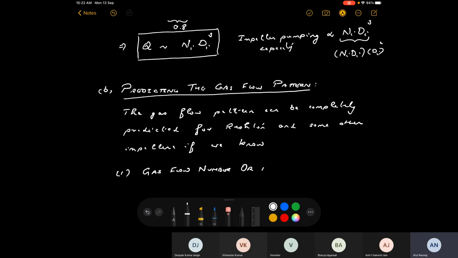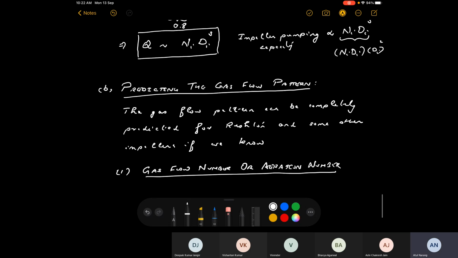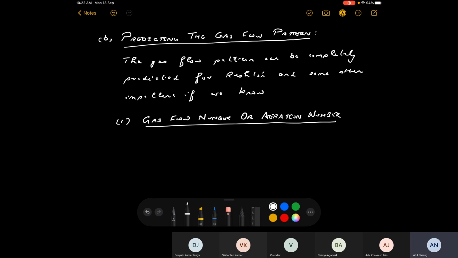Or some people call it the aeration number. The previous one we defined was called the liquid flow number.